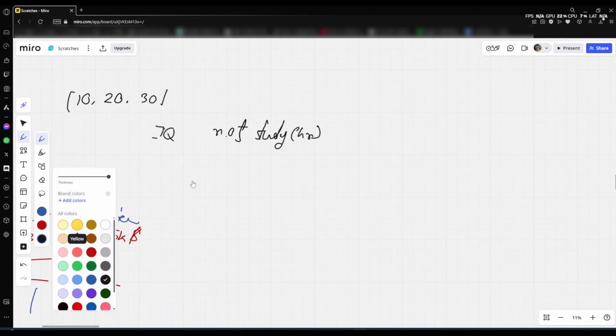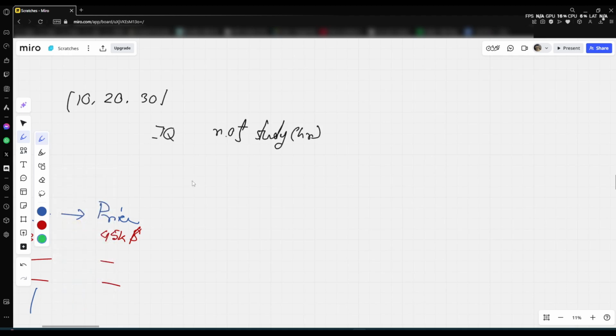The IQ is maybe 40. Number of study hours, 3. And then what could be the result, pass or fail, right?